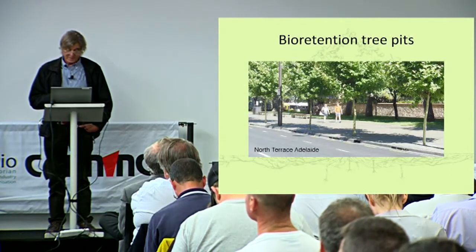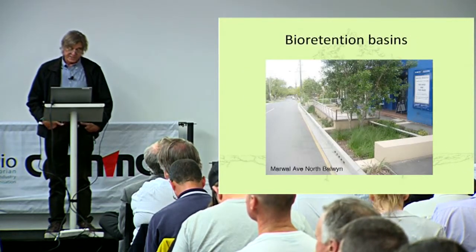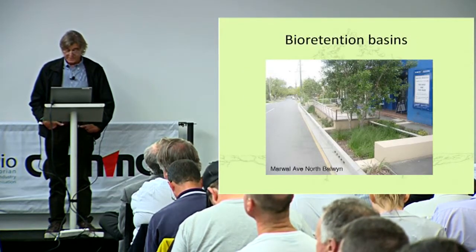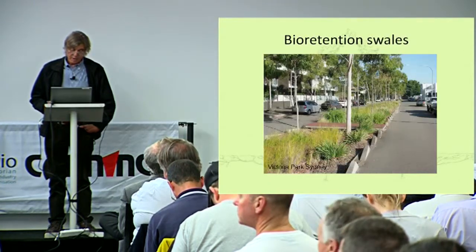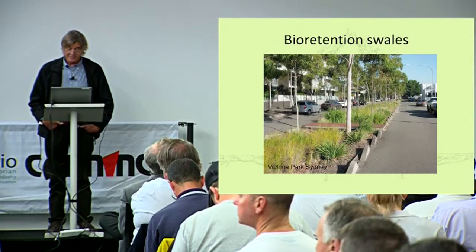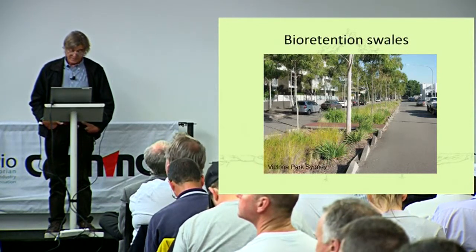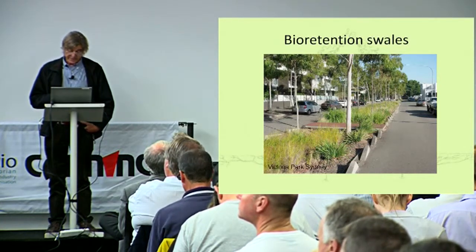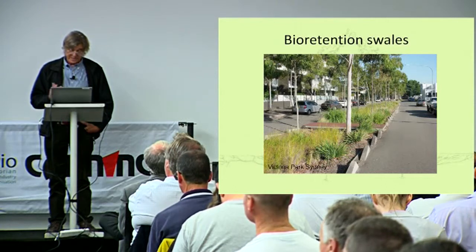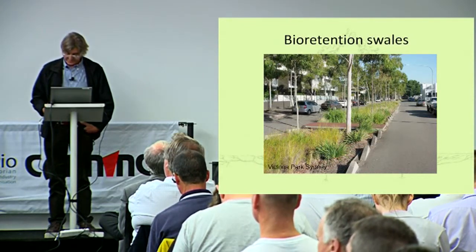So I've got an example here from Adelaide. Bioretention basins, similar to the bioretention tree pit. Bioretention swales, Victoria Park in Sydney: avenues of spotted gums planted in median verges, median planters with permeable curbs and a biofiltration system beneath.